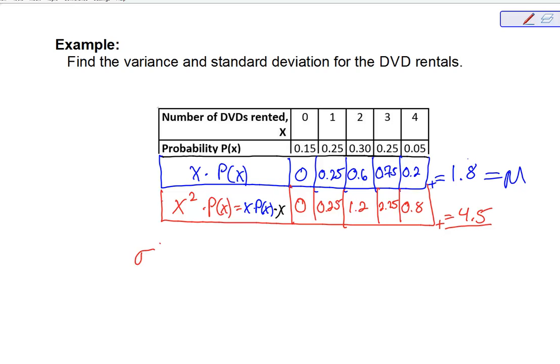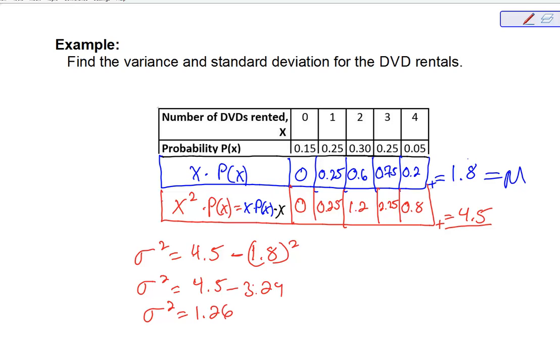And my variance is going to be 4.5 minus my 1.8 squared. That's the key, is I have to square the mean. I can't just subtract those two numbers, I actually have to square the mean. So I get 4.5 minus 3.24. So my variance is 1.26, but remember our rounding rule.